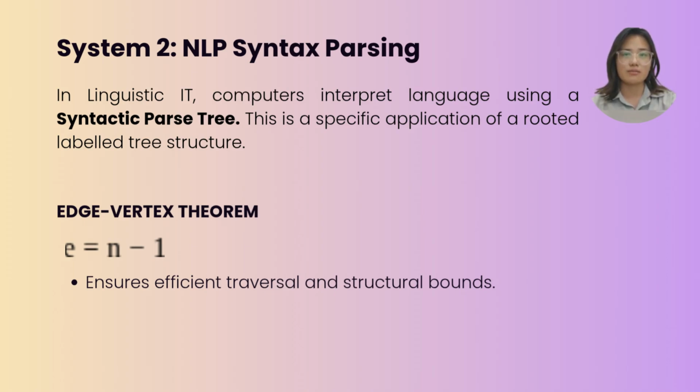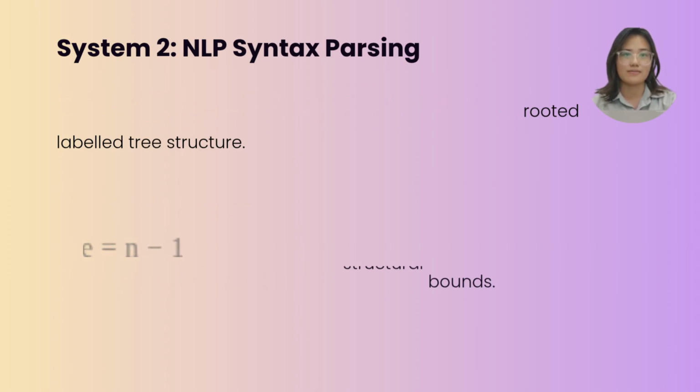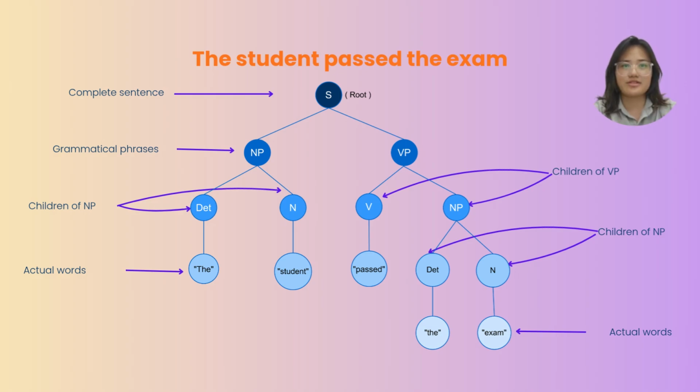Finally, it strictly obeys the edge-vertex theorem, which dictates that the number of edges is always the number of vertices minus 1. Here is the diagram representation for the sentence: The student passed the exam. The root node labeled S for sentence has an in degree of 0. It branches out into internal nodes representing grammatical components like noun phrases, NP, and verb phrases, VP.